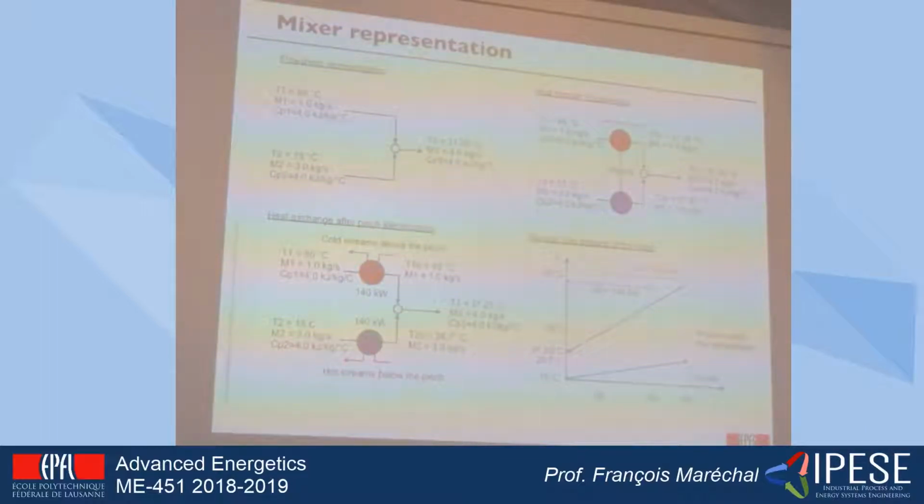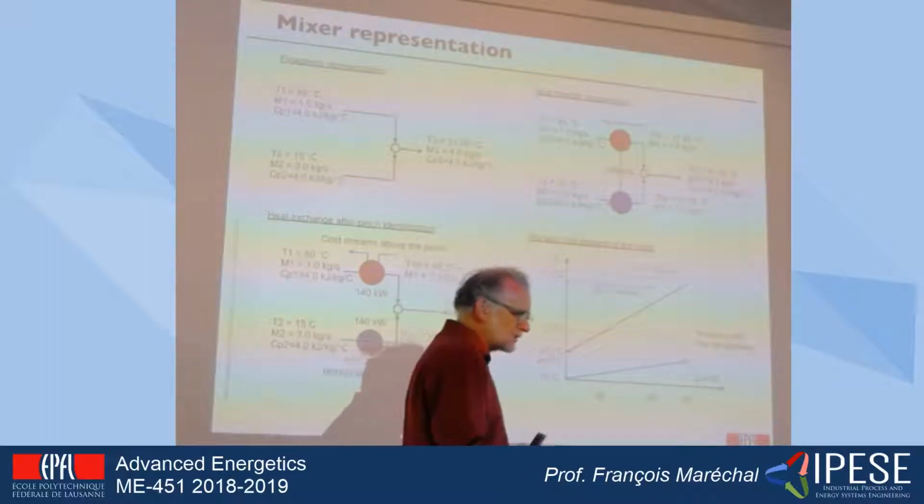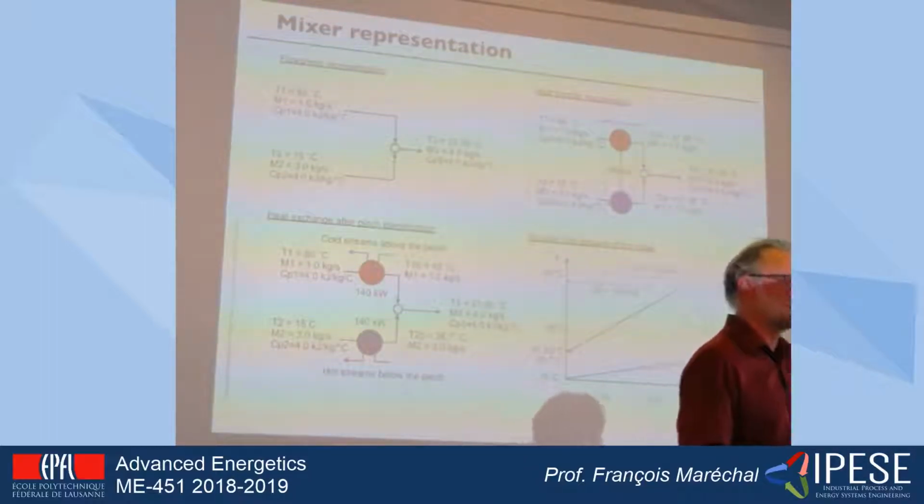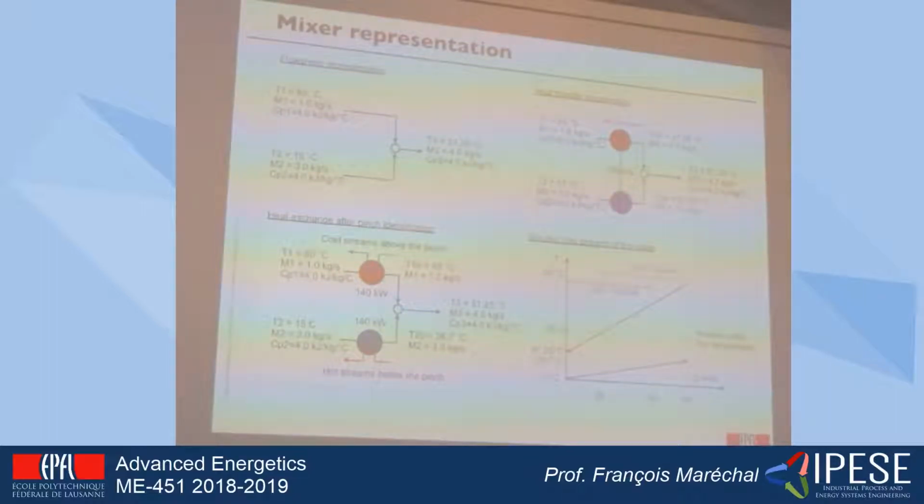And so what you can see is that if you think about what are the heat needs of a mixer, then you realize that, in fact, this stream that is at 80 needs to go to 31, while this stream that is at 15 needs to go to 31. So at the end, I have a hot stream and a cold stream that need to be considered as hot and cold streams. And from there, I will be able to identify the possible heat recovery.